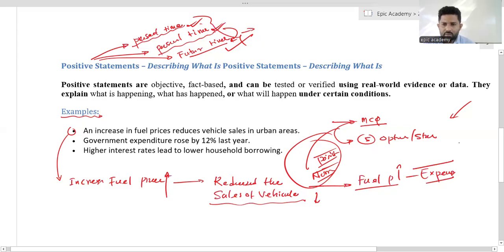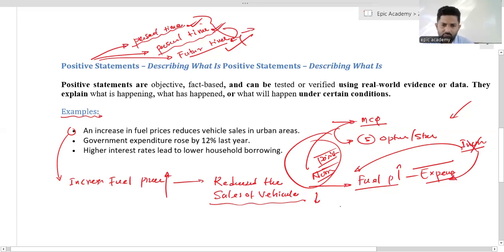The expenditure on the vehicles can be increased. So that means the people who are living in the urban area have to sacrifice many expenditures or many consumptions because of the increase of the fuel prices.